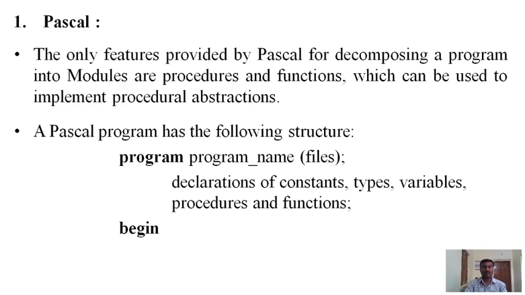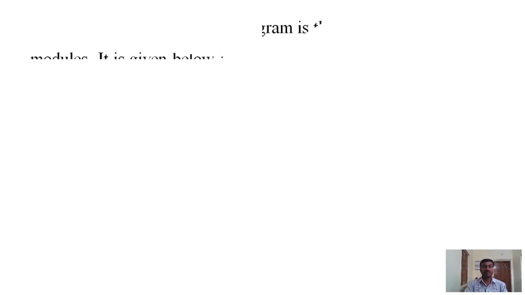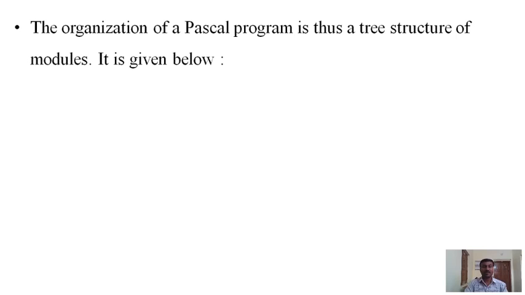After declaring, the program begins. After beginning the program, whatever statements you need to write, we can write here, and finally we end the program. This is the program structure of Pascal, but we can represent this structure in the form of a diagram.